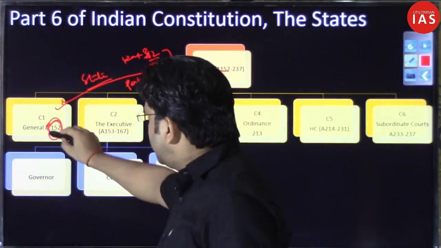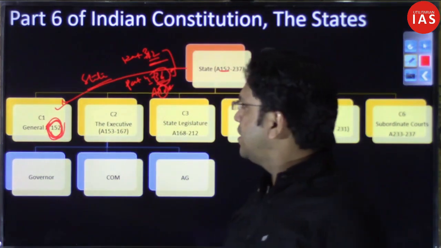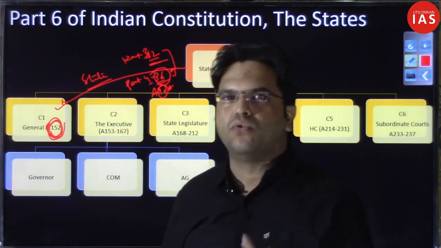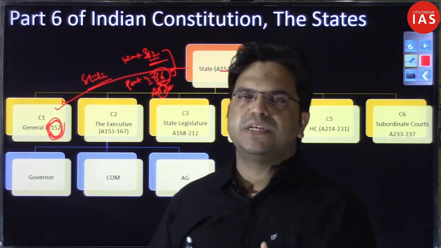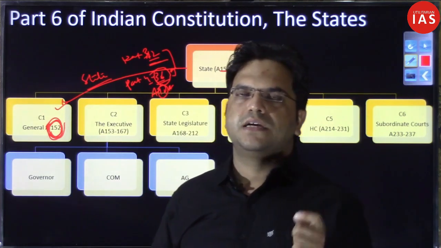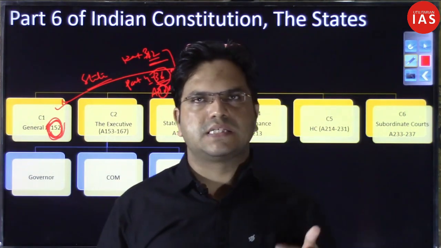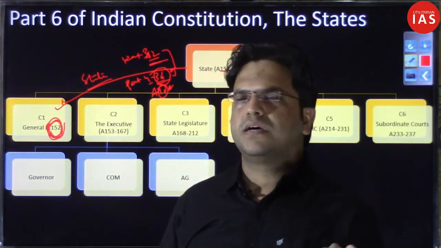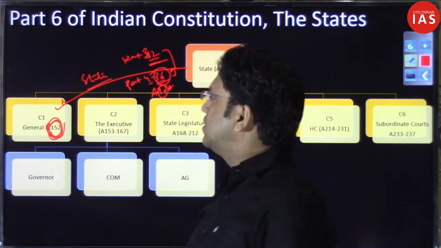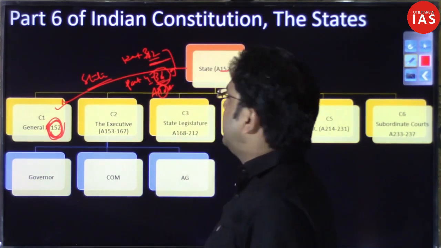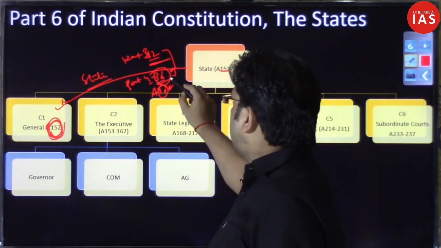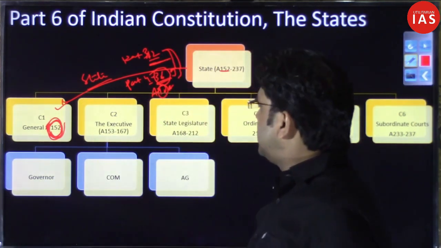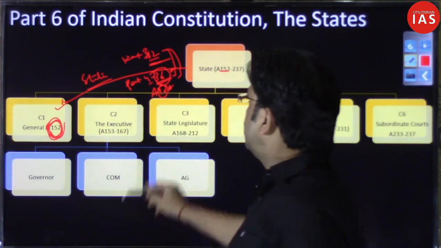Whatever definition we derive in Article 152 will remain alongside in the whole of Indian polity, because in the traditional sense, if you say state, the general public will refer simply to the 28 states: Madhya Pradesh, Maharashtra, Haryana, Karnataka, Tamil Nadu. So that is the definition.